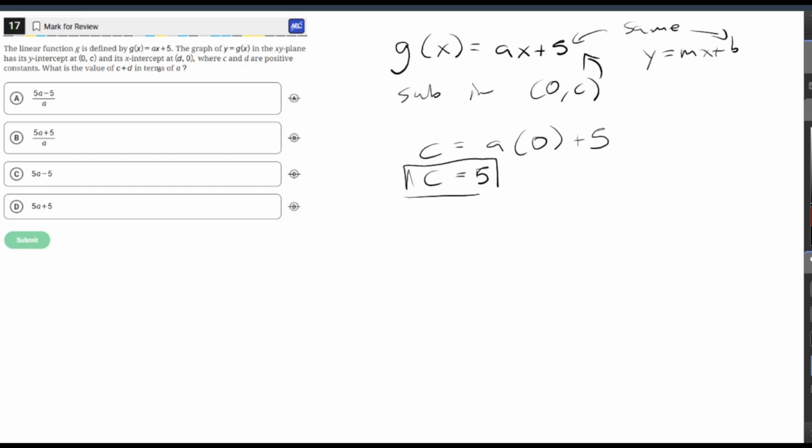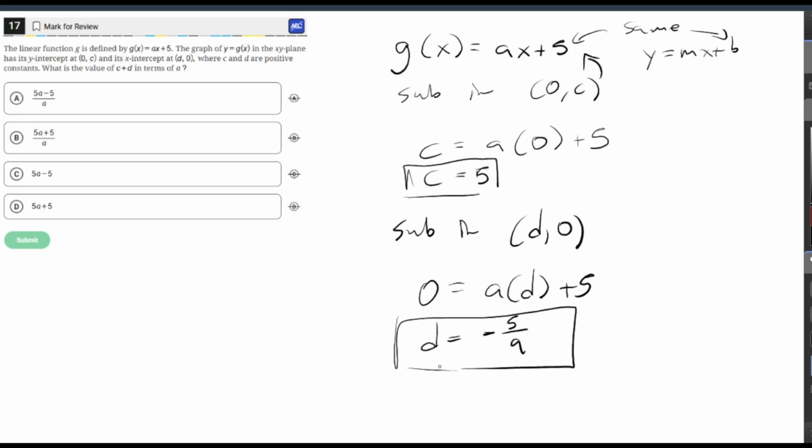And then we're going to sub in the x-intercept, d, 0. Then you get 0 is equal to a times d plus 5. And we're going to isolate for d because we want d in terms of a. So d is equal to -5 over a.